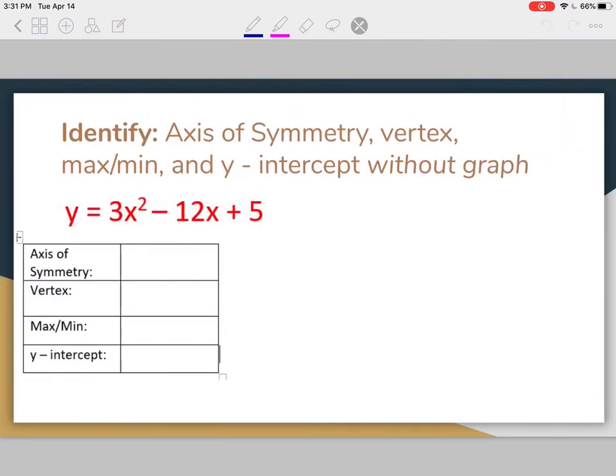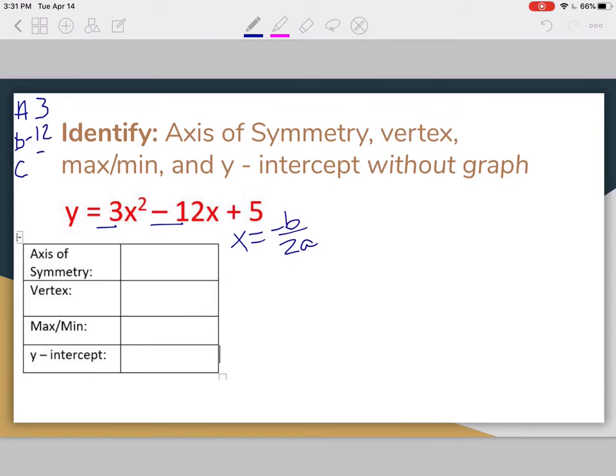Next, okay, axis of symmetry, vertex, max, min, y-intercept. All right, axis of symmetry. Again, we have to do x equals negative b over 2a. Let's figure out what my a, my b, and my c are. A is 3 now. Oh my gosh. B is negative 12.